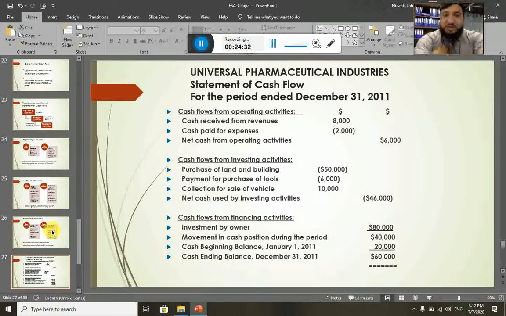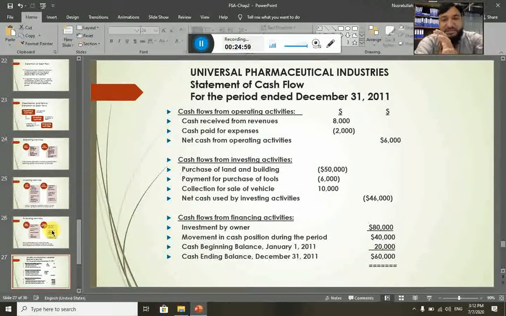Now let's talk about cash flows from operating activities. Under operating activities, there are two items. One is cash received from revenues. We all know that this is an operating activity because the money is received from the main operations, the main business. All the revenues are reported under operating inflow. Then there is cash paid for expenses.